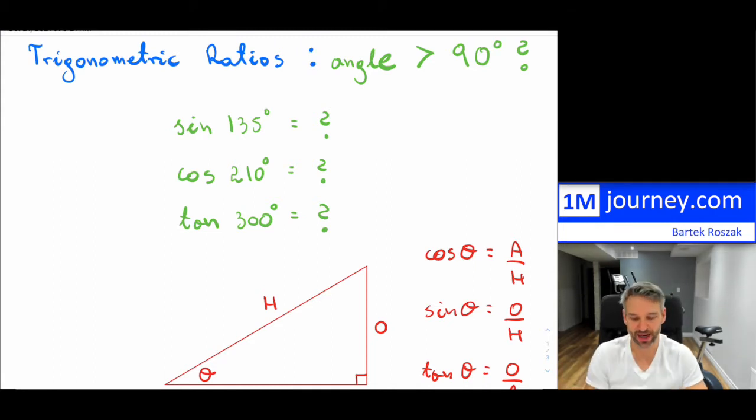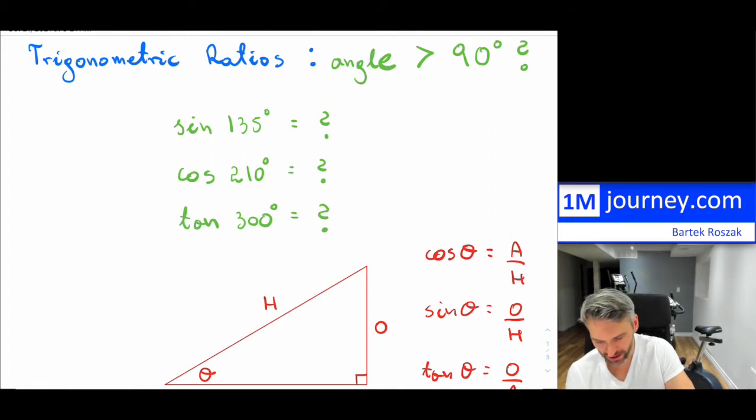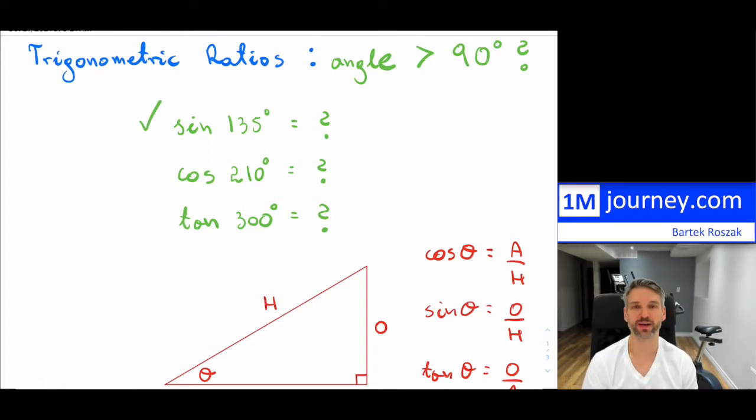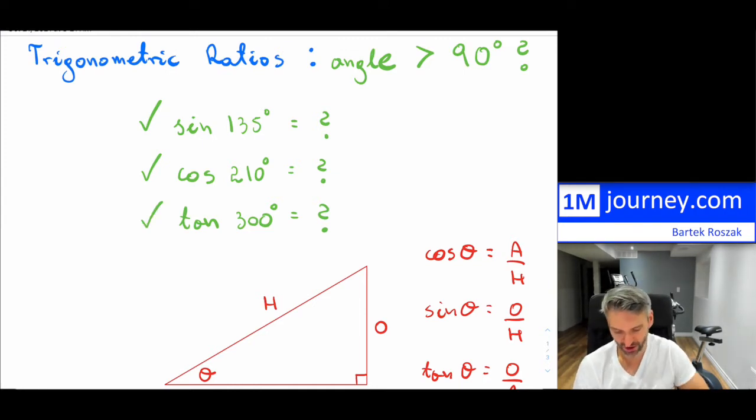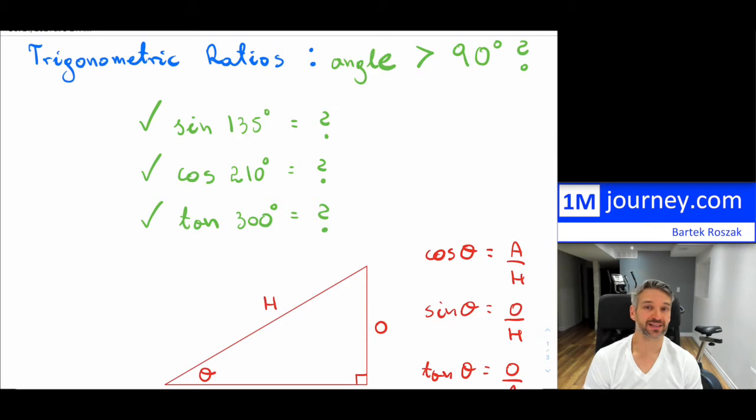So what if you wanted to define a trigonometric ratio for the sine of an angle of 135 degrees, or the cosine of 210 degrees, or the tangent of 300 degrees? Is there a ratio associated with that?